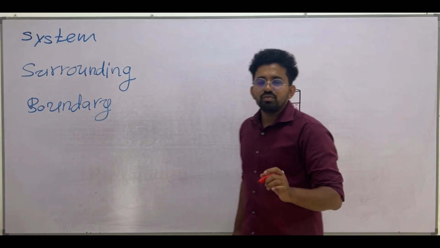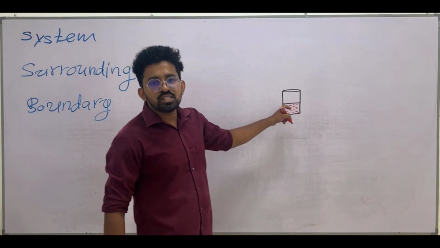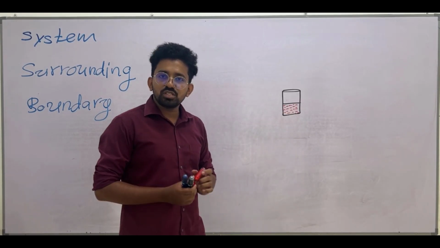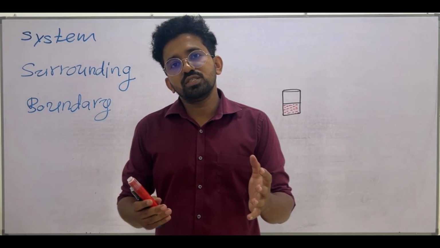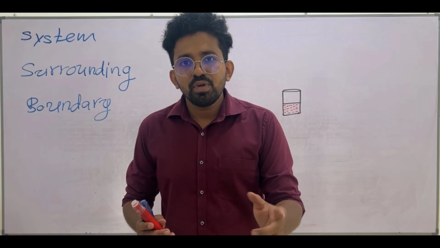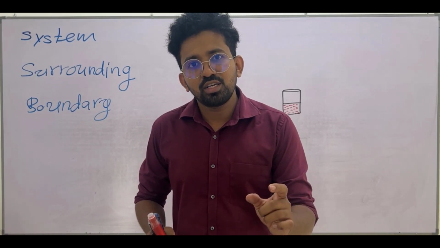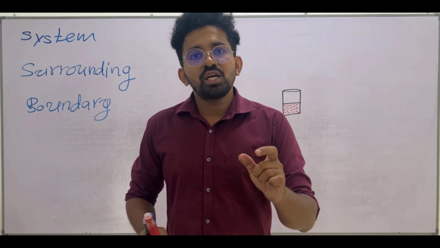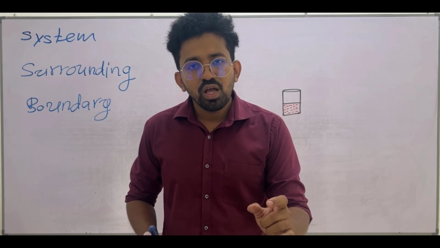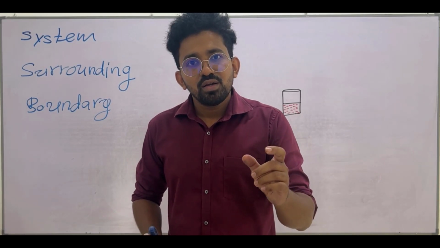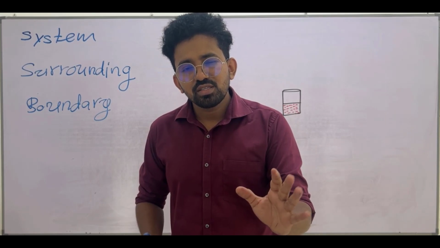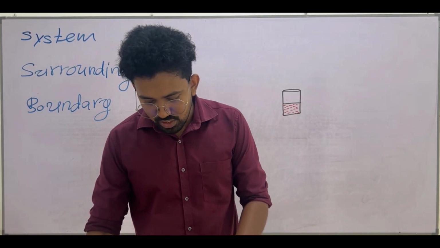Now this will be our system, the part inside the beaker. So what is the system? System is the part which we consider to do a reaction, right? That is what a system is.